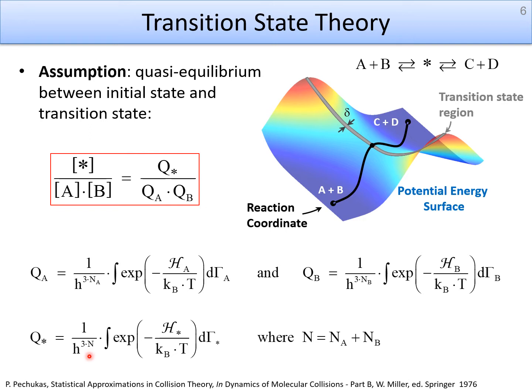You will notice that we have this h raised to the 3n power here, where n is the sum of the number of atoms of A and B. H star is the Hamiltonian of the system of the interacting atoms, and the integration is happening at this thin region of the space, which corresponds to the transition state region.